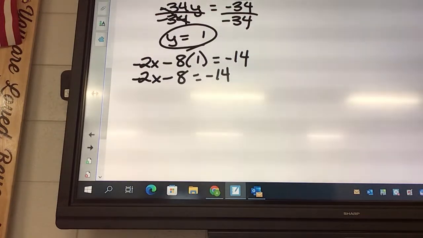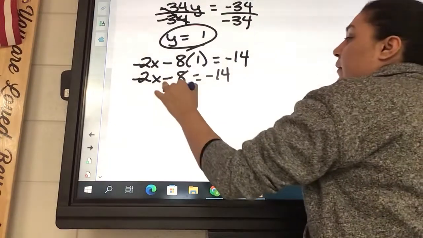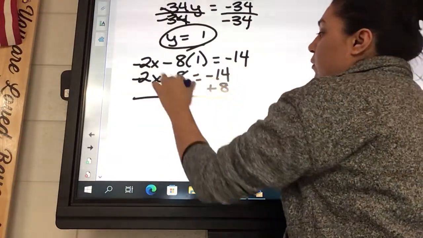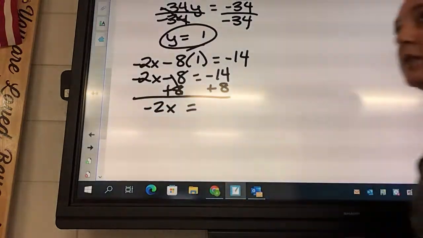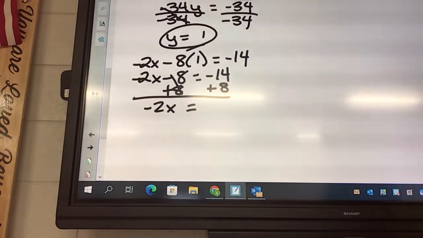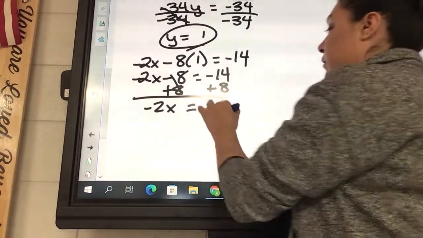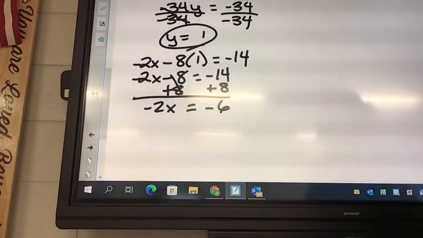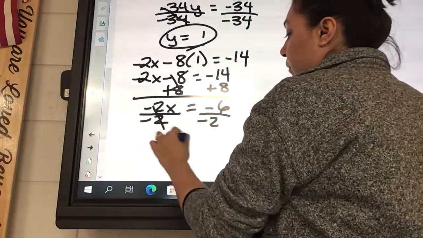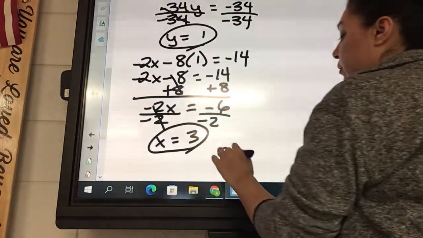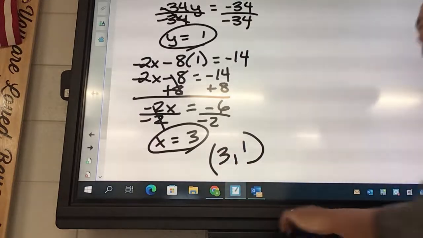Then we got plus 8 on both sides. What is negative 14 plus 8? Negative 6. And then divide by negative 2. It'll be 3. So it should be 3, 1 for your coordinate.